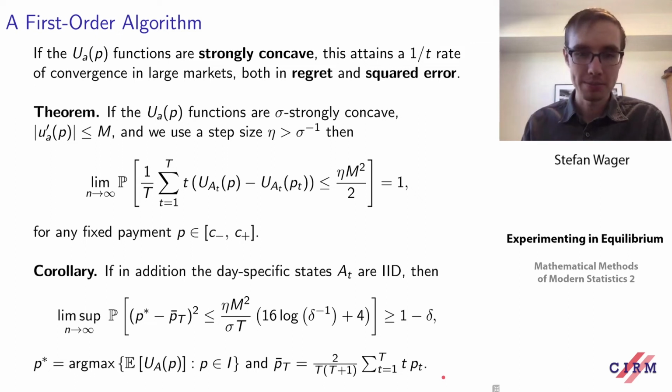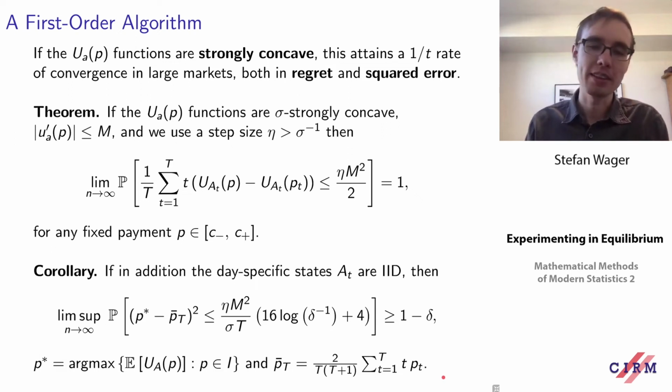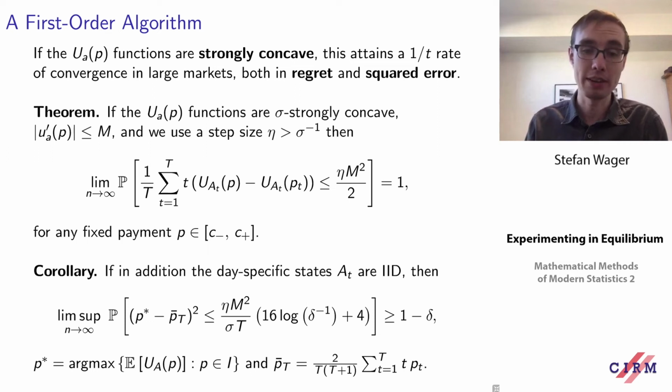The form of these results shouldn't be surprising to anyone who's worked in online learning. A nice surprise for me was how nicely the general results from that literature applied directly to this problem, even though one might have expected the overall structure to be more different. But anyways, here you get a 1/T rate of convergence.